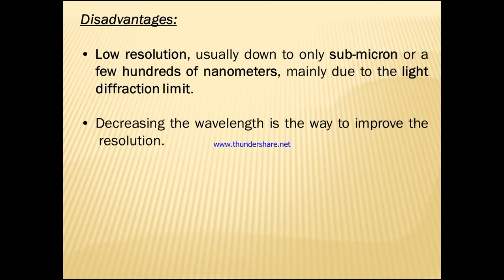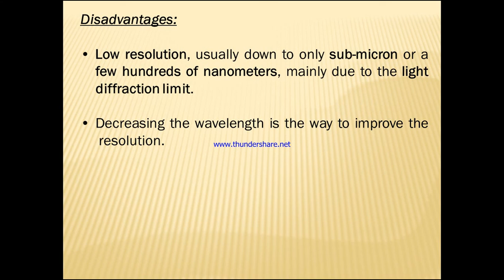Submicrons are a few hundred nanometers, so we will not prefer it for nanomaterials. When we are dealing only with microns, we can use the optical microscope. But when it comes to nanometers, it is very difficult to get a clear image. We get the images, but they do not have much clarity due to the resolution.